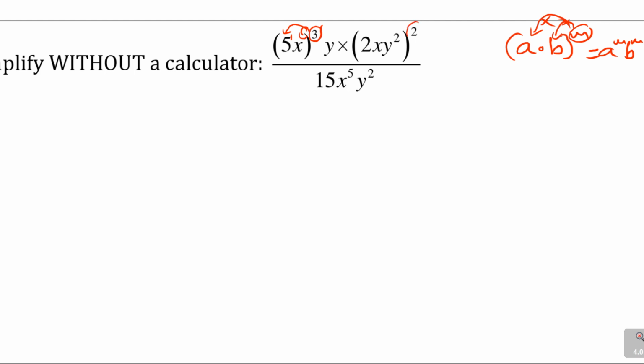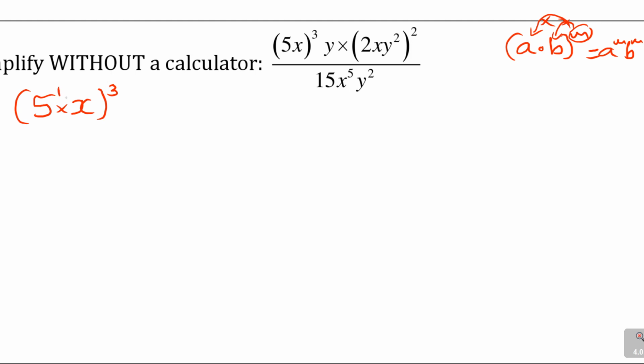But what about this 2? The 2 will do the same thing. It will go to the 2, it will go to the x, it will go to the y. Now, if I can rewrite this, this is what I'm having. If I'm to write this statement here, this is what I'm having. Sometimes I prefer writing it like this. 5 times x to the power 3.